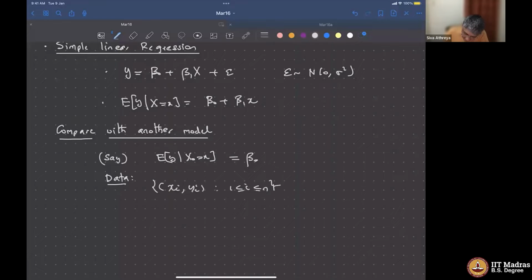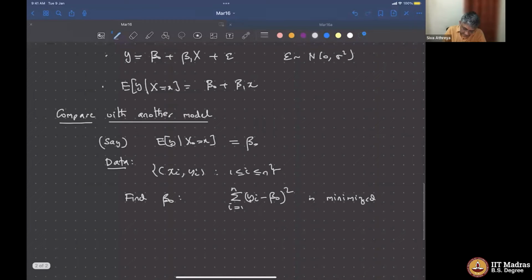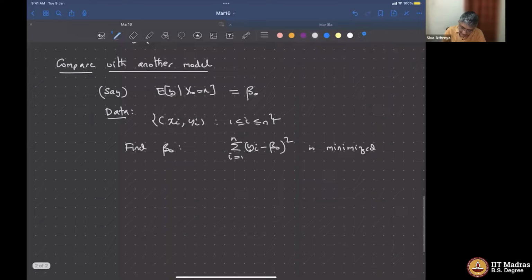And then to do the least squares estimate, you'd find beta naught such that the summation, since everybody is the same for every x, of yi minus beta naught squared, i equal to 1 to n, is minimized. Very good. But you know that this answer you can easily solve by calculus.